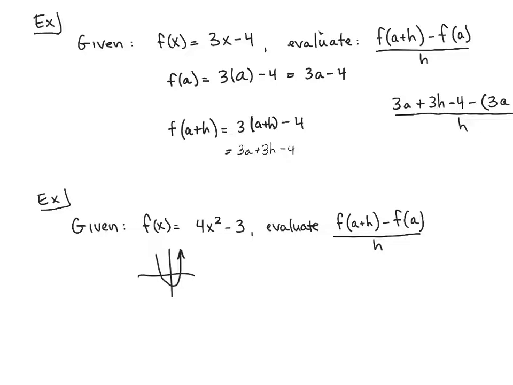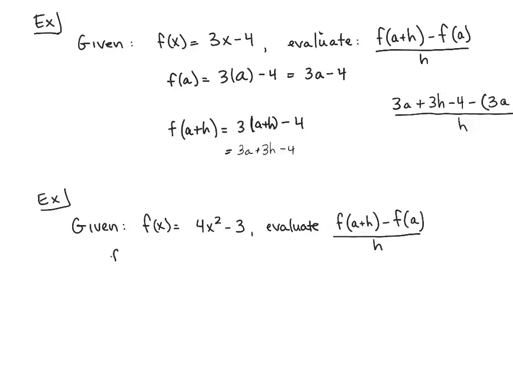Depending on which 2 points you choose, the difference quotient is going to change depending on the value of h and where you are. For example, for these 2 points the secant line would look like that, whereas if we choose these 2 points, the secant line would look like that. So this certainly does not have a constant rate of change. To talk about the rate of change of the function in general, we use a difference quotient.